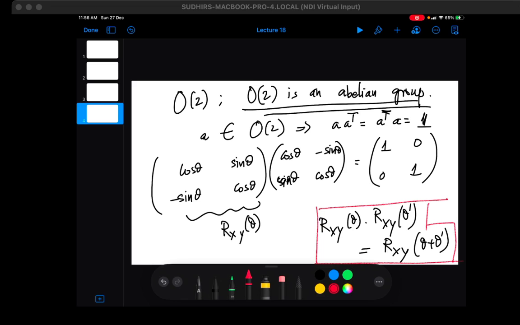In a similar vein, you can also show that it satisfies associativity, and then you have an inverse, and the identity is nothing but the unit matrix. So this satisfies all the group axioms, and in 2 dimensions the action of rotations is abelian.